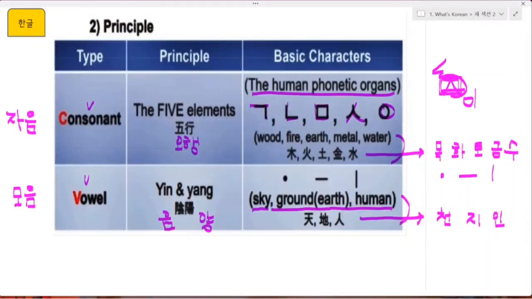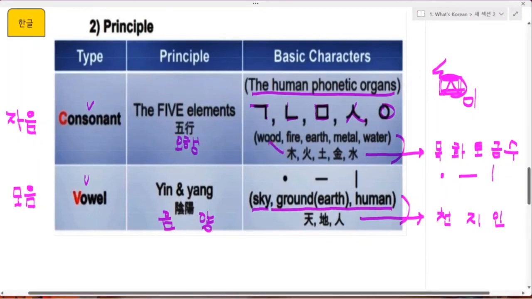Okay, good. It means earth, fire, earth, metal, water, and sky, ground or earth, and the human.